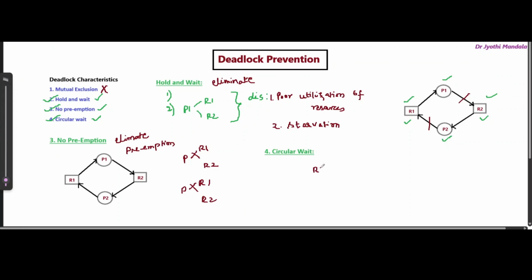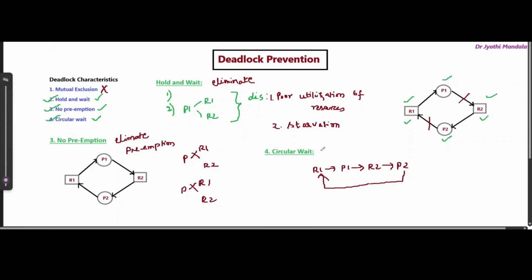R1 is under the control of P1, which is requesting R2, which is under the control of P2, and P2 is requesting R1. Same diagram I have considered. This kind of waiting is called a circular wait. We need to avoid this circular wait so that we can prevent our system from deadlock.